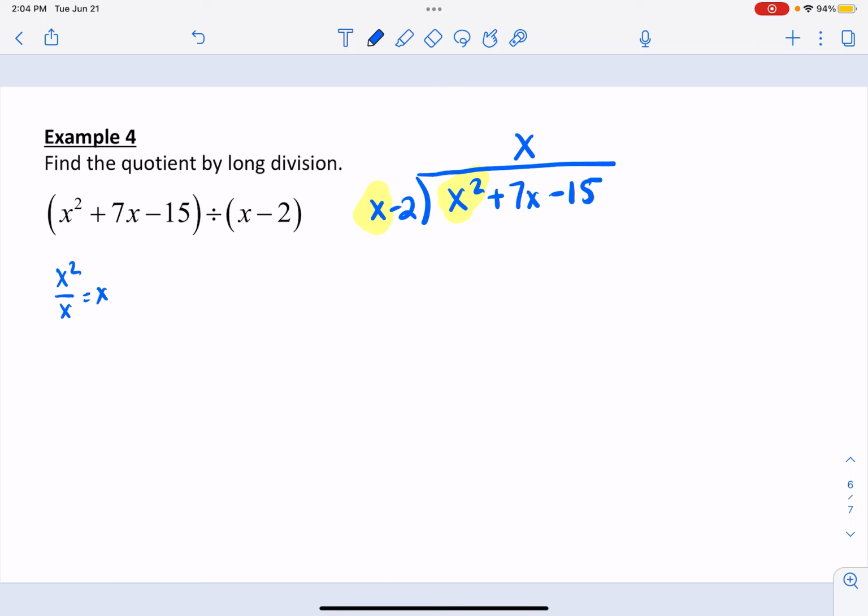Then I take and I multiply. X times x, that's x squared. X times negative 2 is negative 2x. Now you subtract. X squared minus x squared, well, that's 0. 7 minus a negative 2, that's really adding.